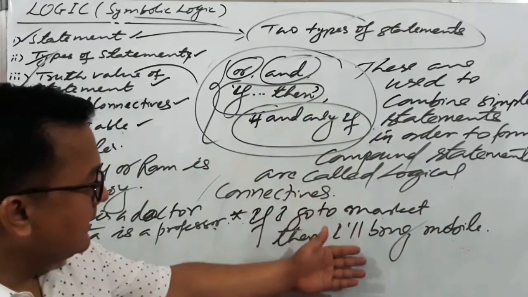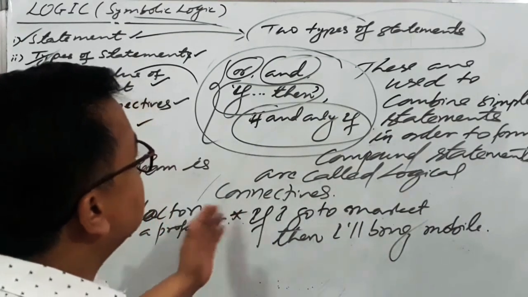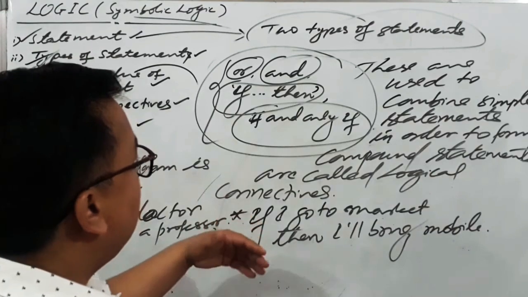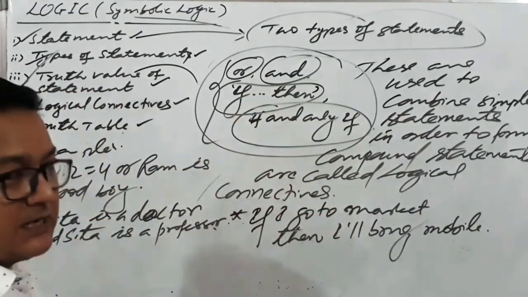If I go to market, then I'll bring mobile. These are some examples of compound statements after joining these connectives, right?